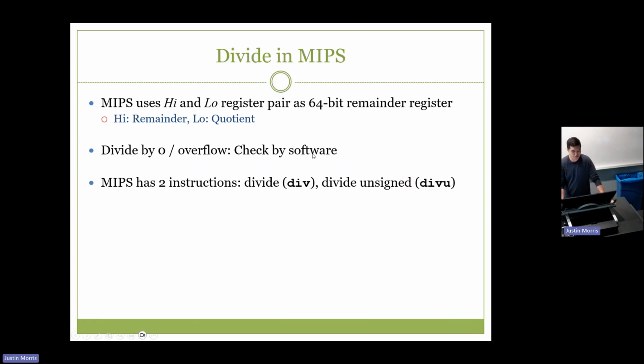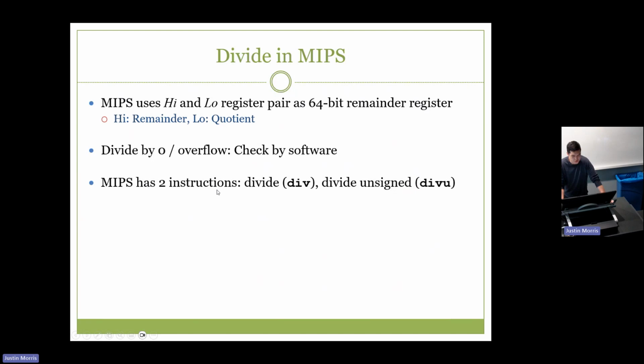So just like multiplication, MIPS is going to use high and low register pairs to do the 64-bit remainder register. And if you divide by 0, it's going to set the overflow flag. You need to check this with your software.